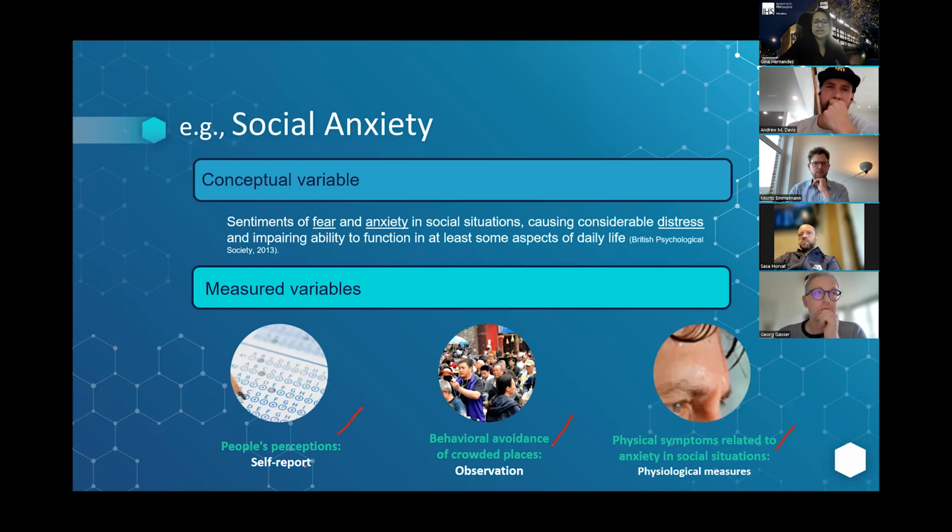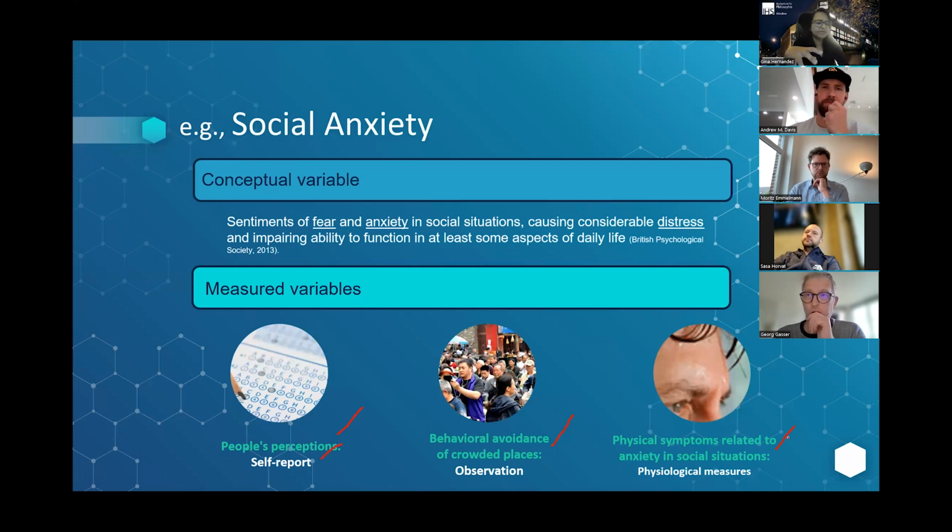So as you can see here, we have different methods. In order to assess the perceptions, we can use self-reports, questionnaires. In order to assess behavioral avoidance, obviously observation will be the method. And the method that we'll use to explore physical symptoms is physiological measures.